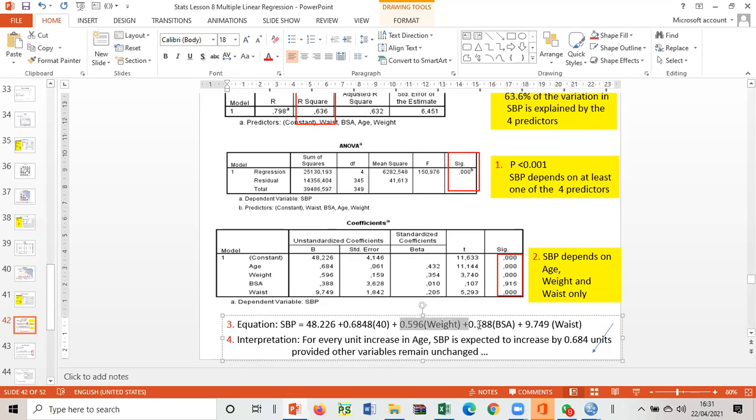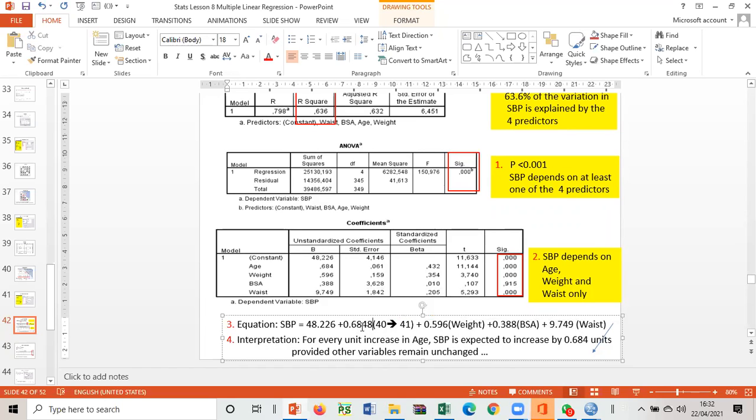Provided the weight, BSA, and waist did not change, when it goes from 40 to 41, BP is expected to increase by this much. This statement is very important, provided others remain unchanged.